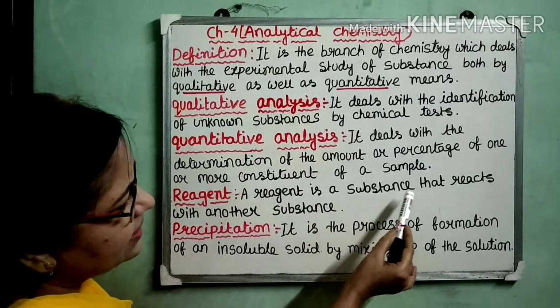From this, we can identify the metal ion. Now, what is precipitation? It is the process of formation of an insoluble solid by mixing solutions. So from this colored precipitate, we can identify a metal ion.